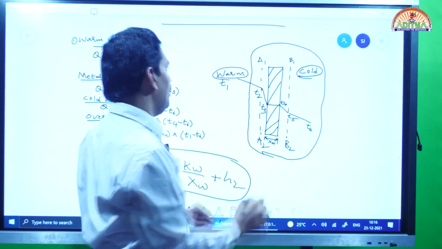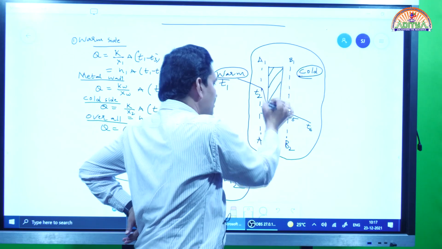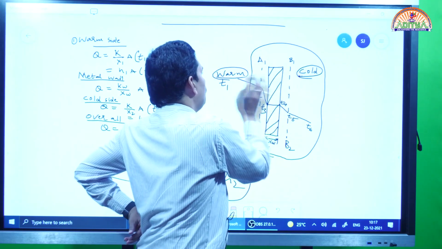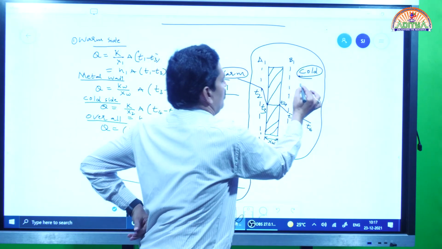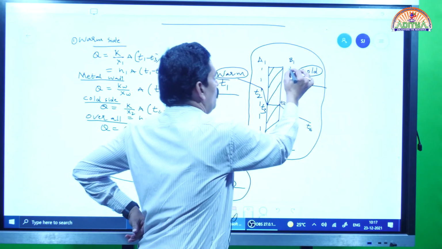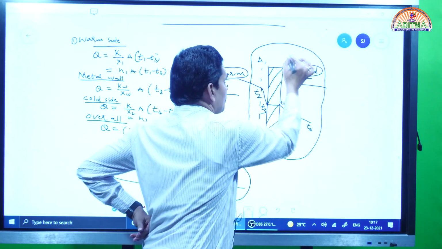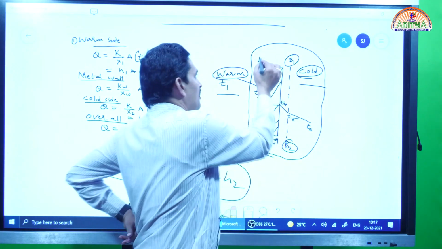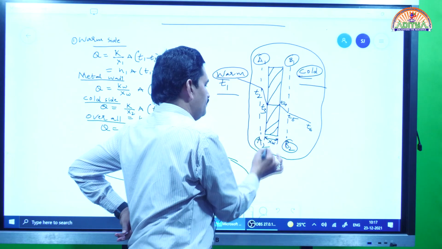Whenever we place the metal in between the warm water and cold water, the cold water forms a film, that is B1, B2, and the warm water forms a film, A1, A2.